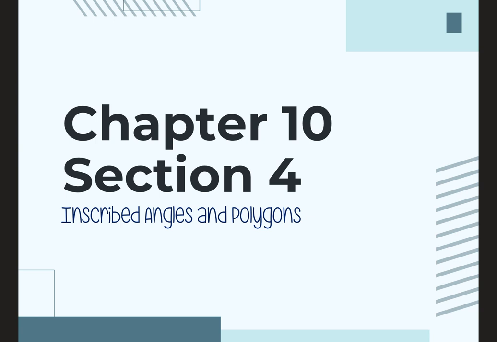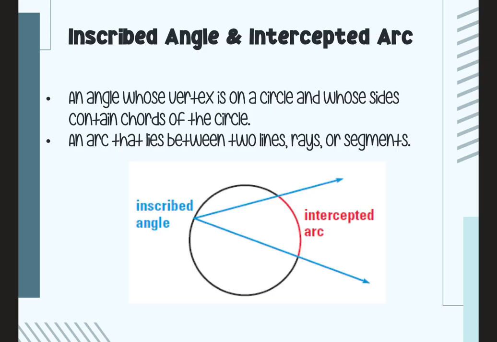So 10-4 is inscribed angles and polygons. So we already learned about central angles, right? Central angles are equal to the measure of the arc, and the central angle has its vertex at the center. Today we're going to learn about inscribed angles. Inscribed angles are angles whose vertex is on the circle.